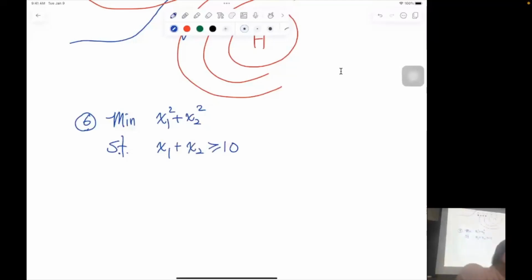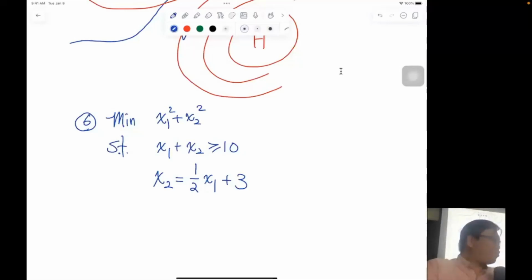And then maybe something like x2 equals 1/2 of x1, maybe plus 3.